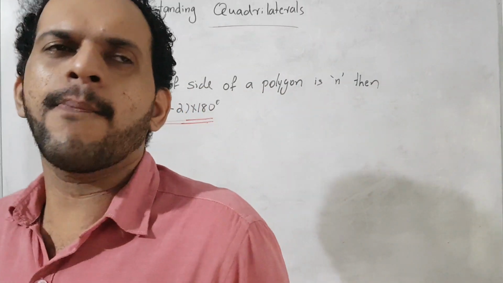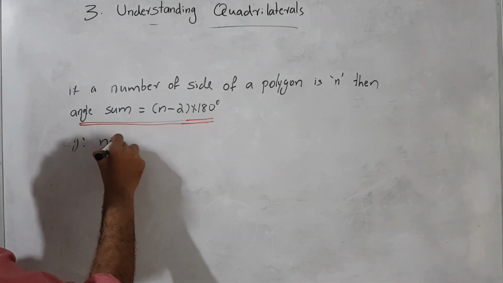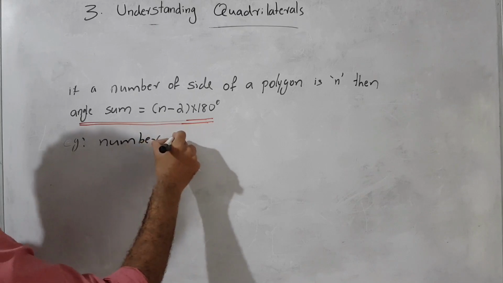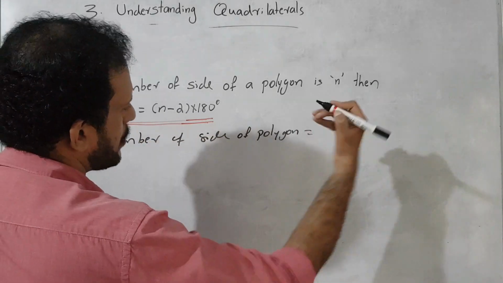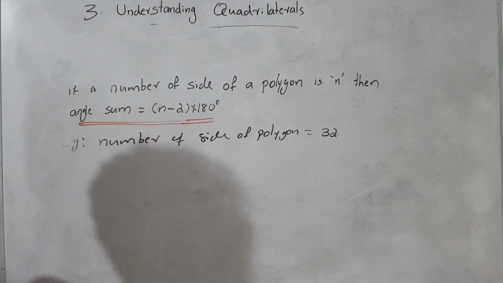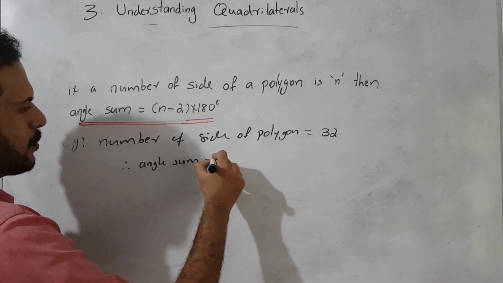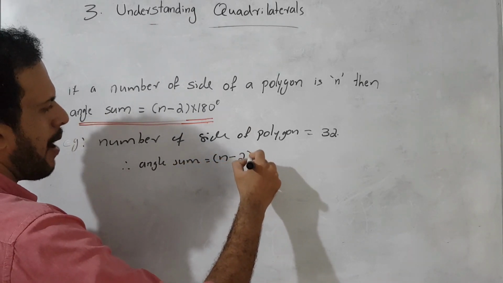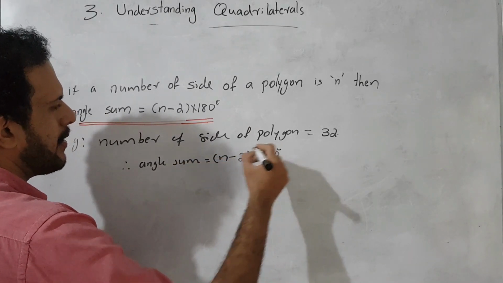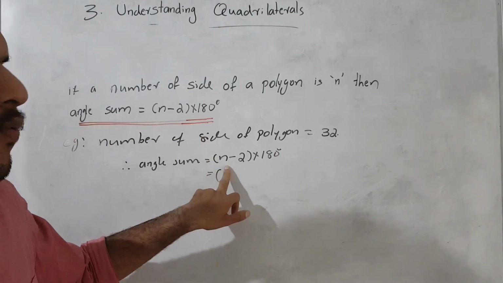For example, if the number of sides of a polygon is equal to 32, how do we find the angle sum? The angle sum is equal to n minus 2 into 180 degrees. What is n? N represents the number of sides.